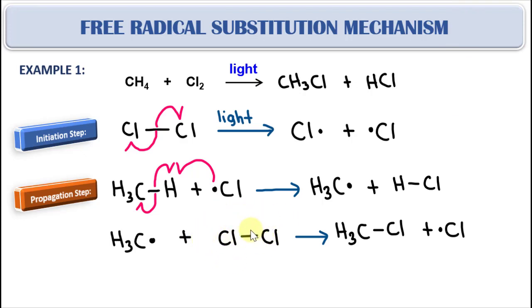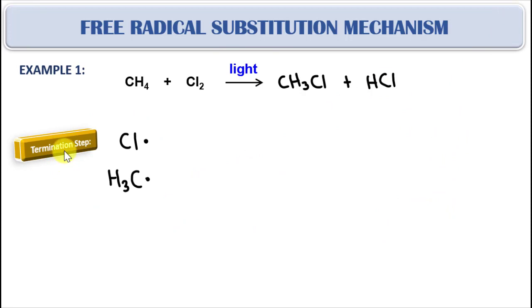Since chlorine will break symmetrically, each chlorine atom will get one unpaired electron, and one of the chlorine radicals will bond together with the alkyl radical to form the haloalkane. So the regenerated chlorine radical here will propagate the chain by repeating these two reactions until the supply of all our reactants is gone.